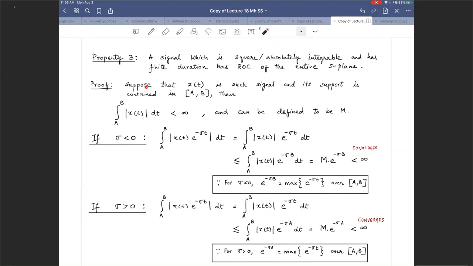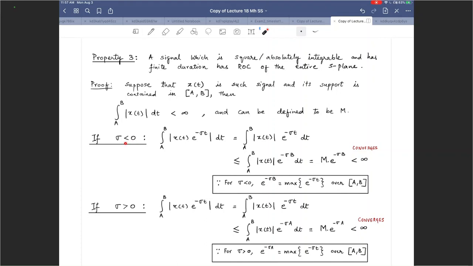The proof is: suppose that x of t is such a signal and its support is contained in a comma b. So it is bounded on the left by time a and on the right by time b. Then the integral from a to b of the absolute of x of t dt will be finite and can be defined to be some constant m.